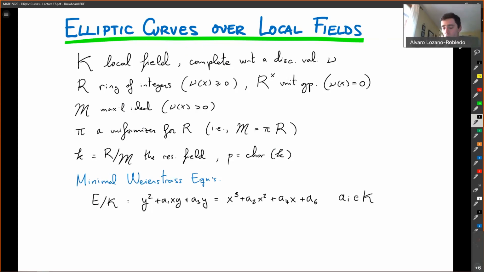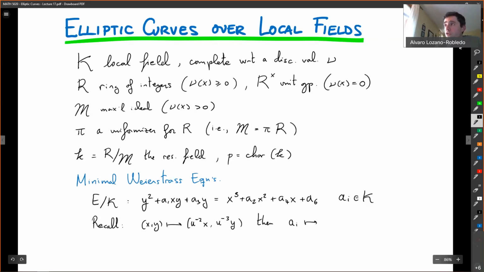So recall that I can change variables. If I change variables by sending x to x over u squared and y to y over u cubed, then the way the coefficients change in my new model is that a_i goes to u to the i times a_i, which is what we would call now my new coefficient a_i prime.